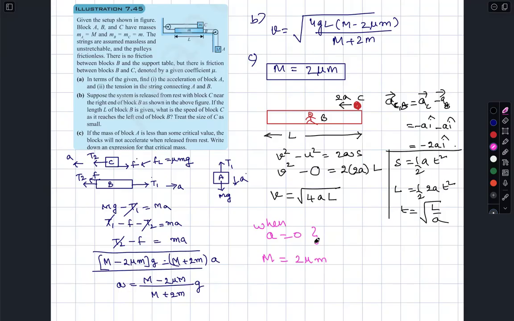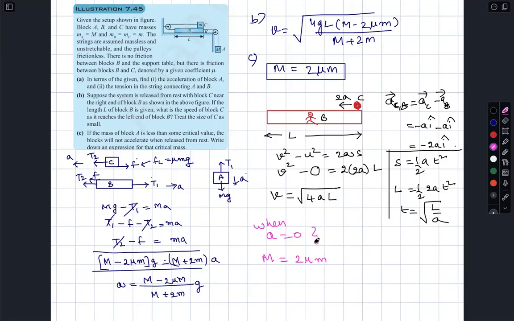What if M is slightly lesser than 2 mu m? Nothing happens. Even friction is static. In the place of 2 mu mg, you will write simply 2f. Got the point?